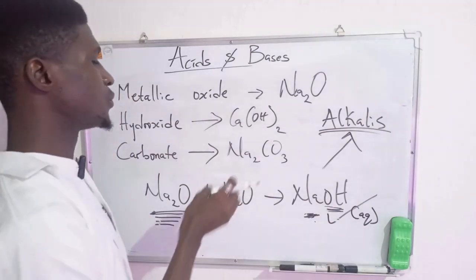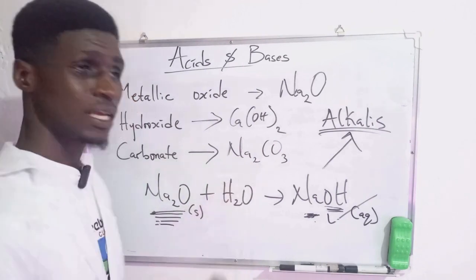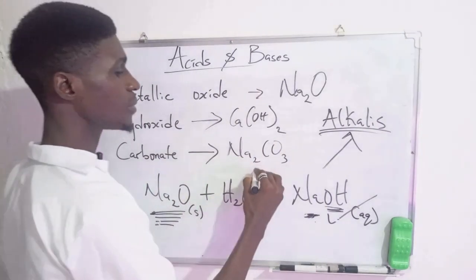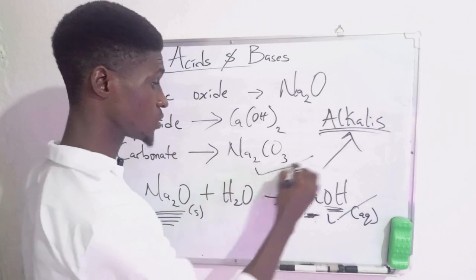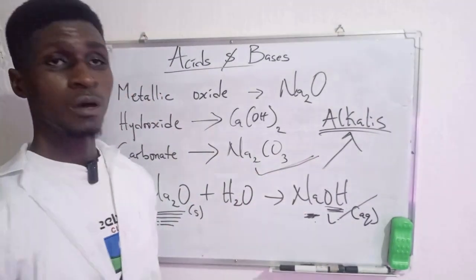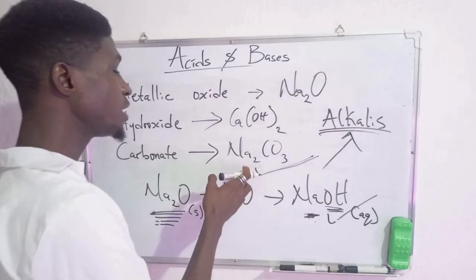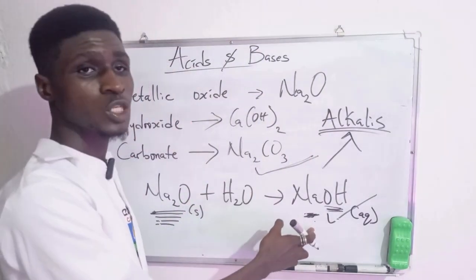It means that you can use sodium carbonate as a base during titration. This is normally a salt. Yes, it is a neutral salt, a normal salt, but we can use it as a base during titration because when it dissolves in water, it produces the real base that we know, which is sodium hydroxide.